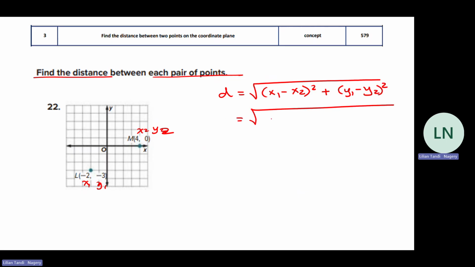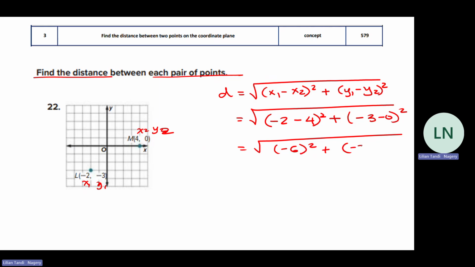Then you do negative 2 minus 4 squared plus negative 3 minus 0 squared. This becomes negative 6 squared plus negative 3 squared. This becomes 36 plus 9. This should become the square root of 45.